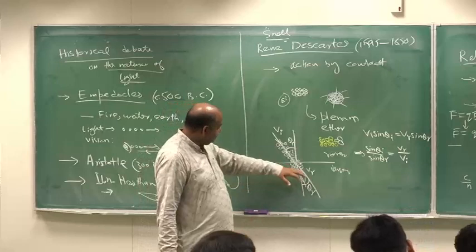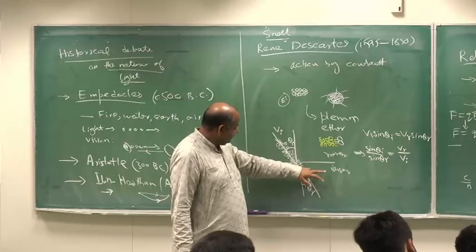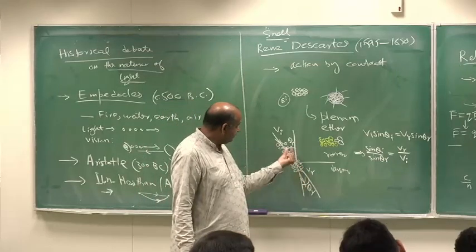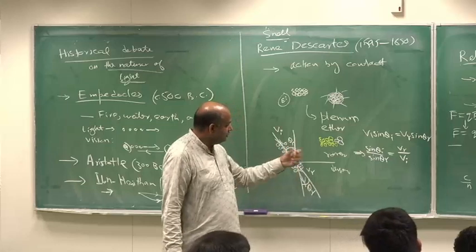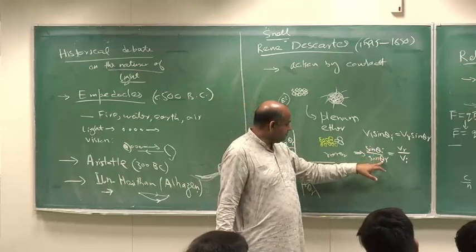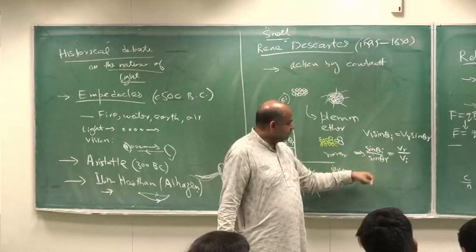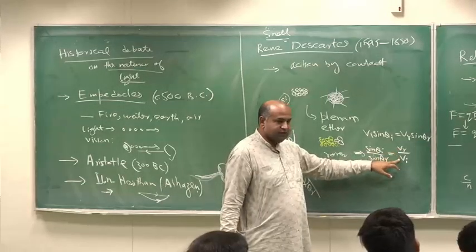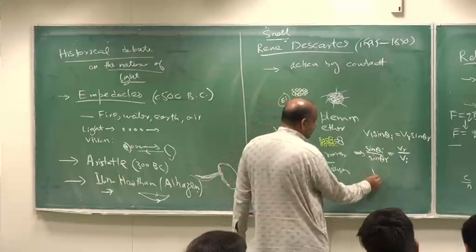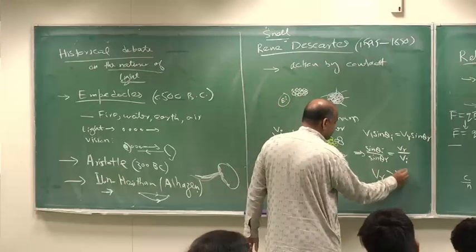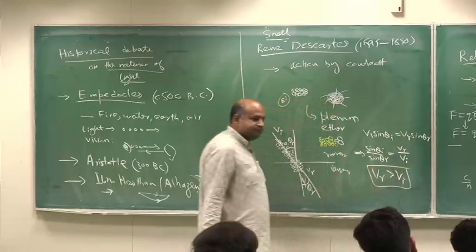Vi. And since people knew that in denser medium this angle is smaller and this angle is larger, so if this is larger and this is smaller, this ratio is greater than 1. So it means this ratio has to be greater than 1. Which means that Vr should be greater than Vi.